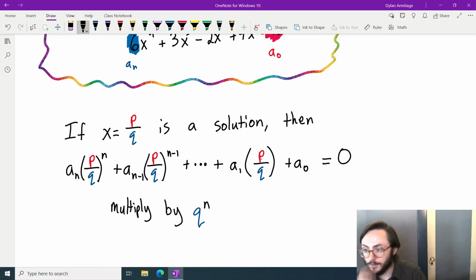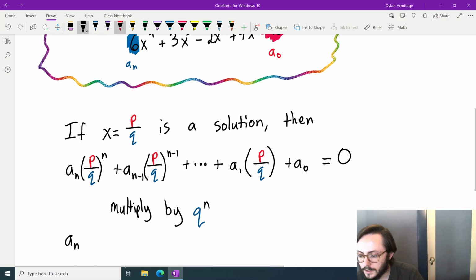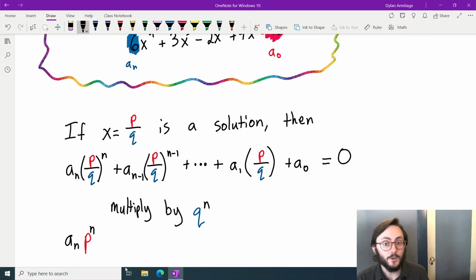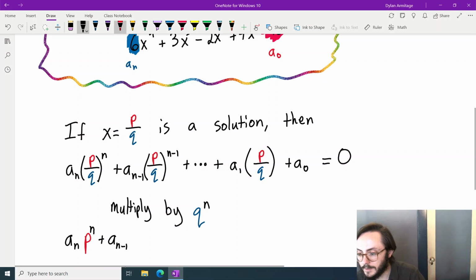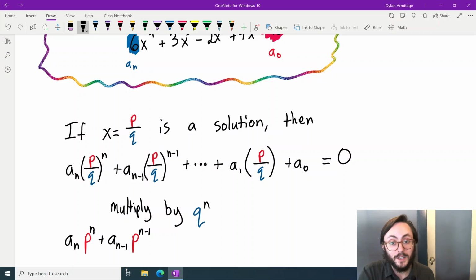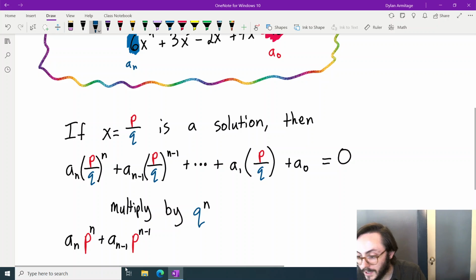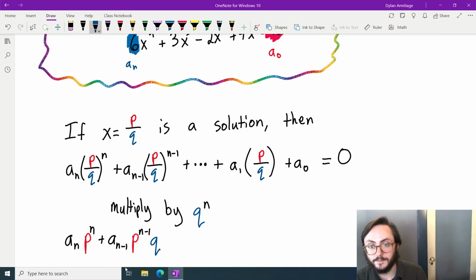Well, our first result would give us a sub n times p to the power of n, right, the q to the power of n's cancel out. Then we get plus a sub n minus 1 times p to the power of n minus 1. Now, n minus 1 is 1 less than n, so we have a q here as well.